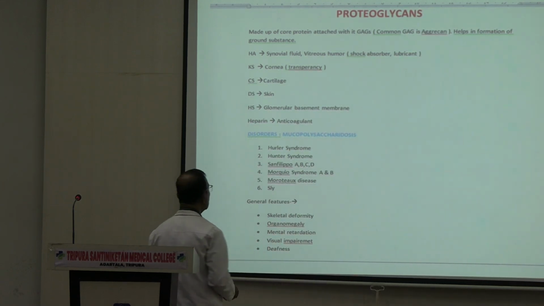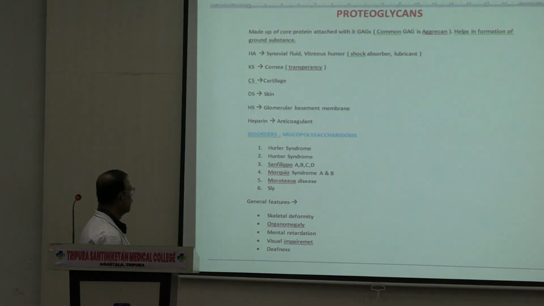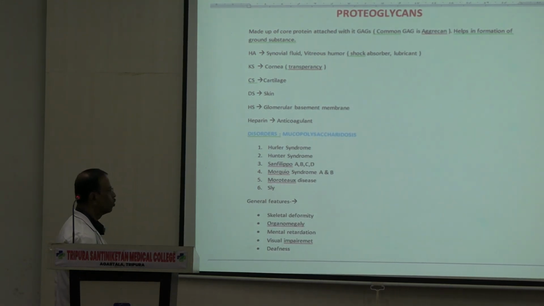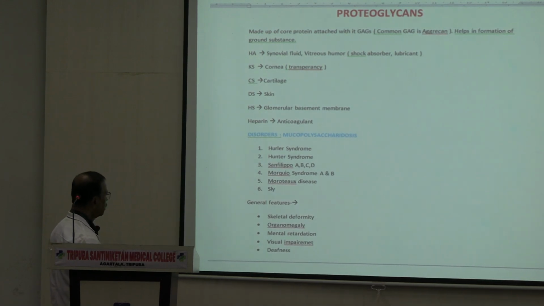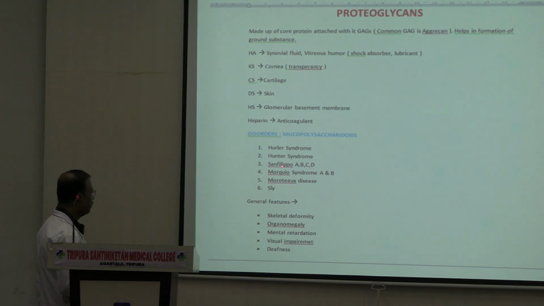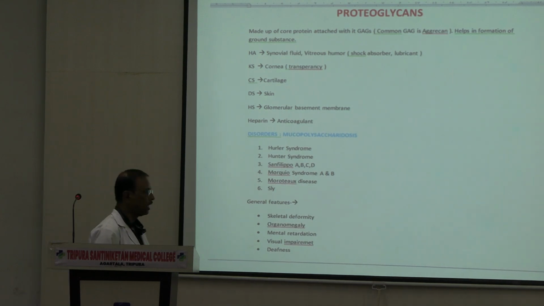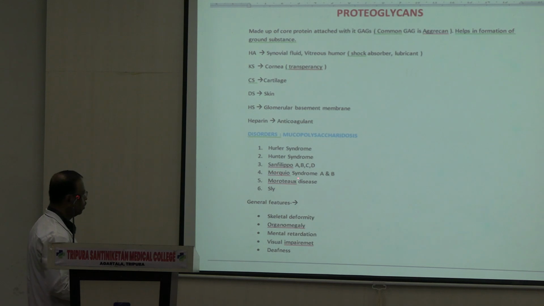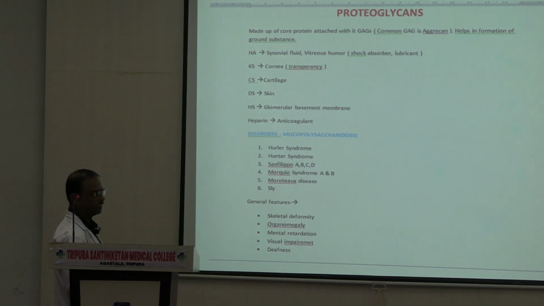Now disorders of proteoglycans are collectively called mucopolysaccharidosis. So individual diseases are Hurler syndrome, Hunter syndrome, Sanfilippo A, B, C, 4 types are there. Morquio syndrome A and B, Maroteaux-Lamy disease, Sly.